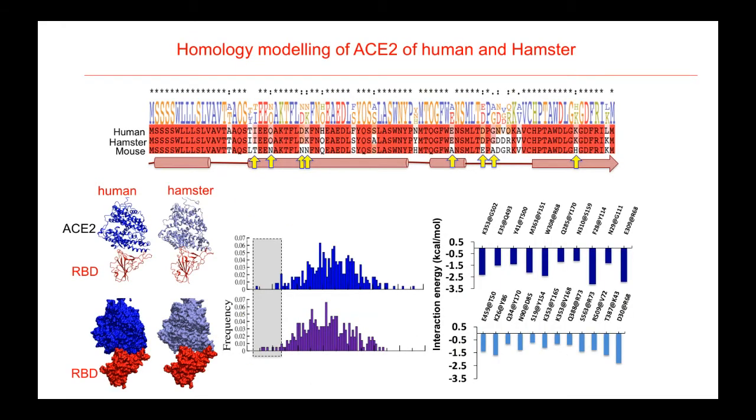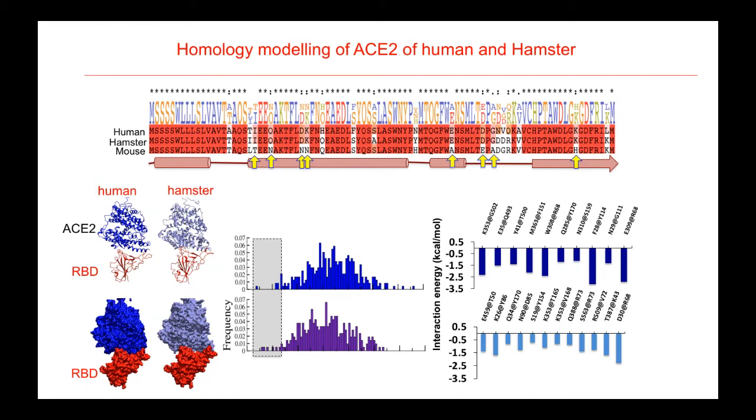Then we went one step further to check how ACE2 looks in the human and the hamster. You can see these yellow arrows showing the amino acids that are different between the hamster and the human. Again, we did the same thing. The human ACE2 and RBD crystal structure was known, but certain parts of it were not fully resolved.